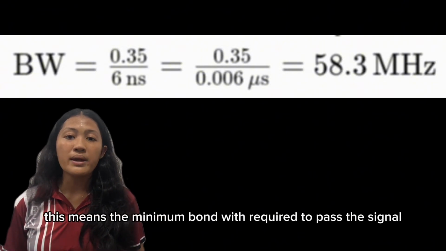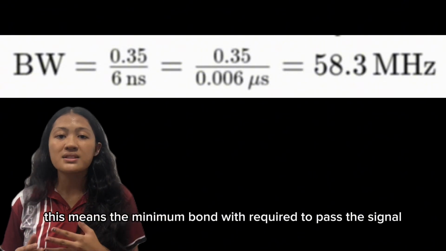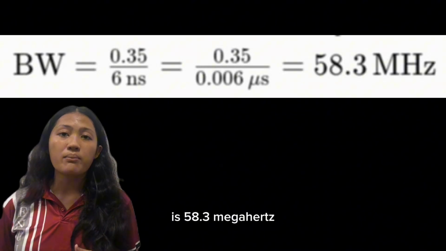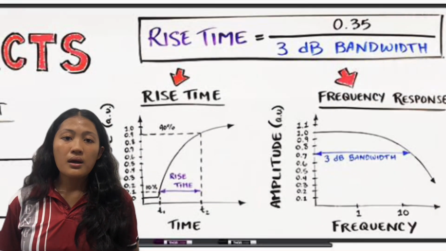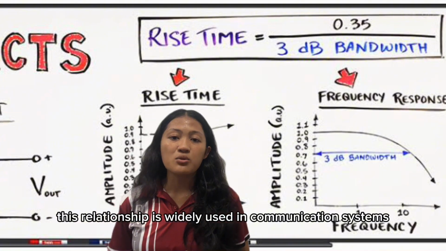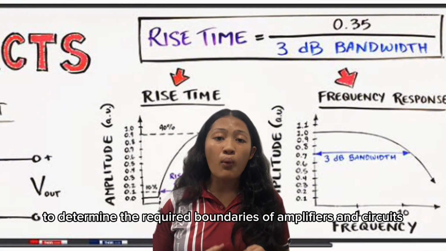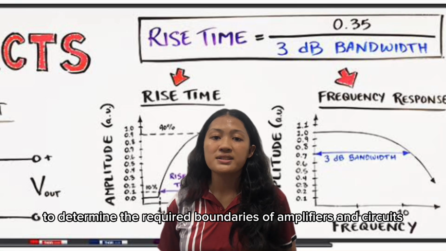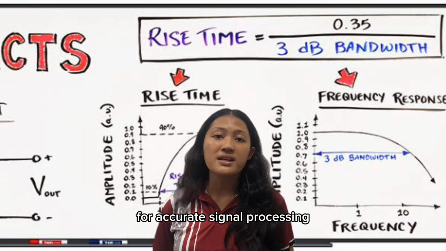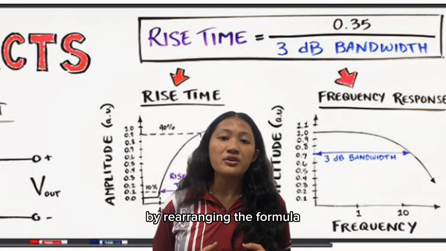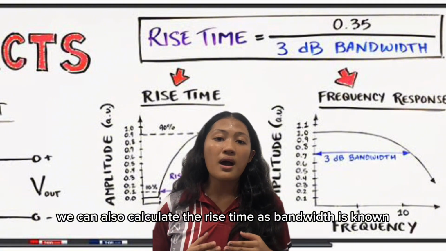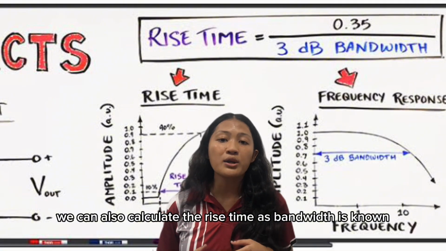This means the minimum bandwidth required to pass the signal is 58.3 megahertz. This relationship is widely used in communication systems to determine the required bandwidth of amplifiers and circuits for accurate signal processing.